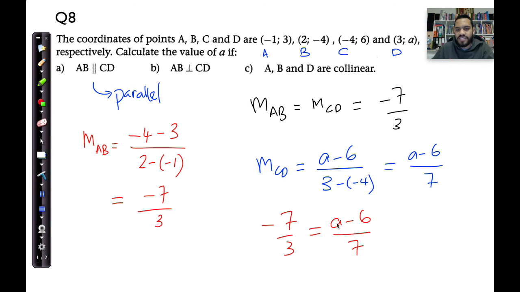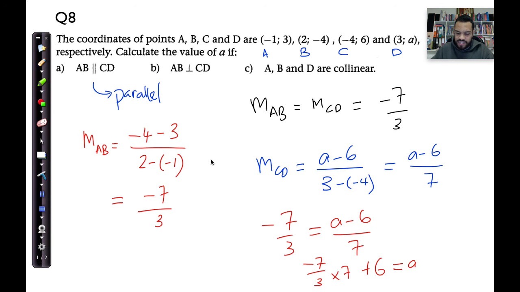Let's solve this. A little bit of algebra. I'm going to say -7 over 3 multiplied by 7, plus 6, is equal to a. So let's see, what do we get for that? That's -49 divided by 3, and then I add 6.